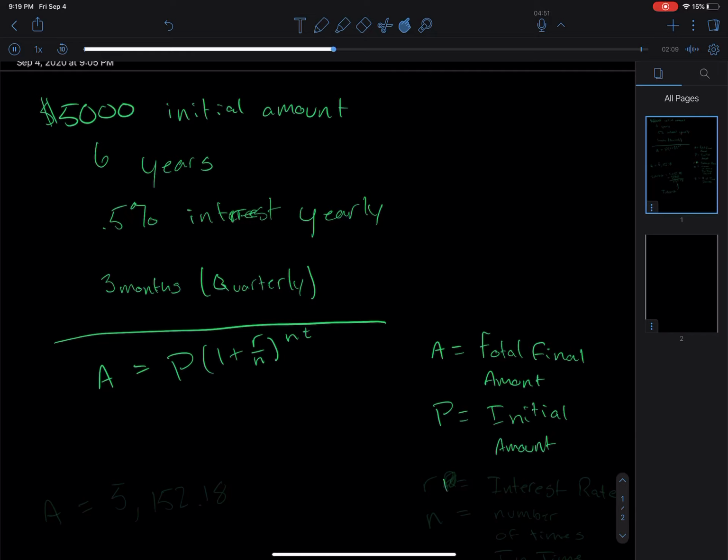And then the r, it's actually a lowercase r, is the interest rate.